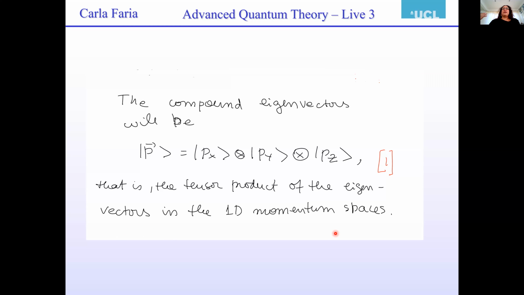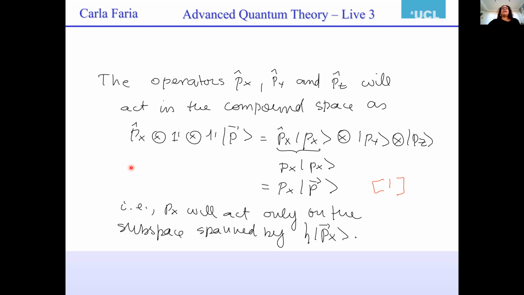And then if you would like to apply the operators, for instance, Px, Py, and Pz, they act like this. Px acts on the first subspace, then tensor product identity, identity, and then you have here the ket p. So you apply this on this ket, and then you get px times the ket. And for the other ones, you just apply the identity, they remain the same.